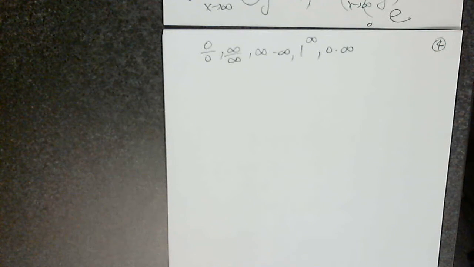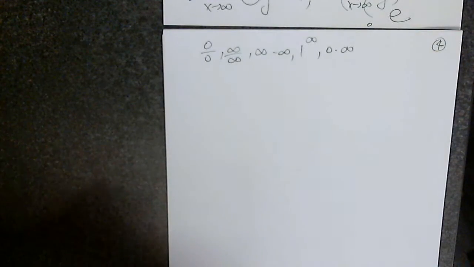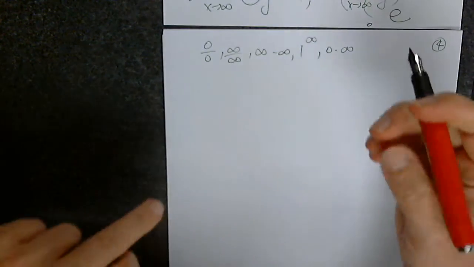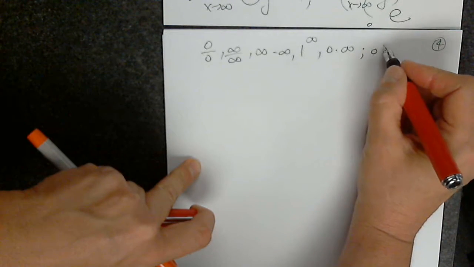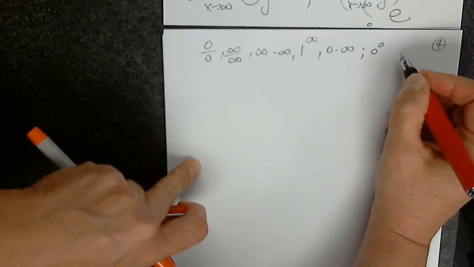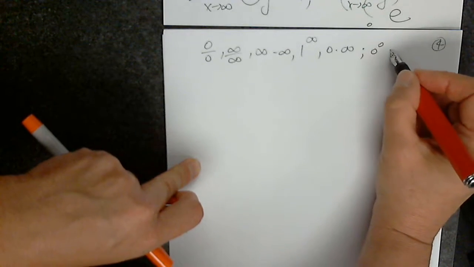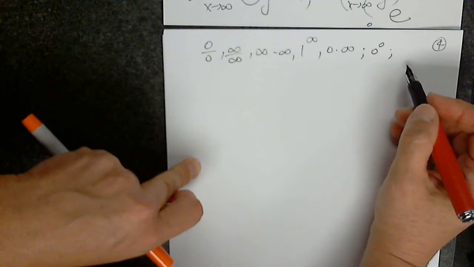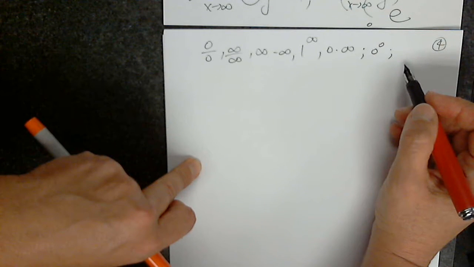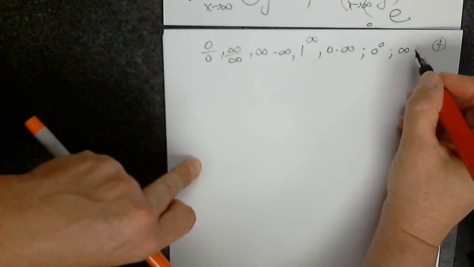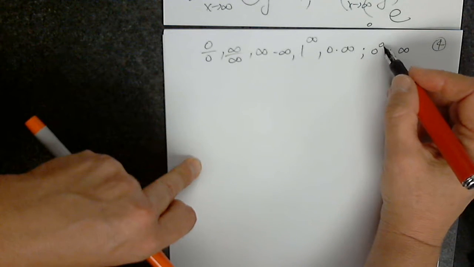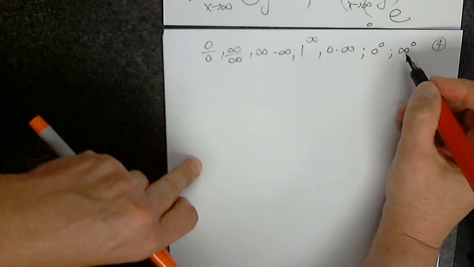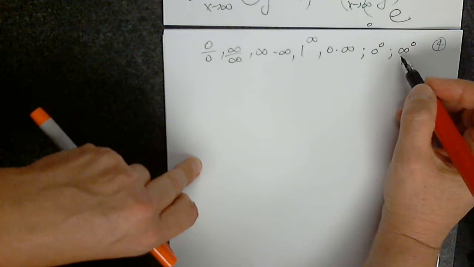I think there is one more, 0 to 0. That's the other one. I think there's 6. Wait a minute. 0 to 0, 1 to infinity. 0 to 0 should be 1? Well, should be. Infinity to 0.